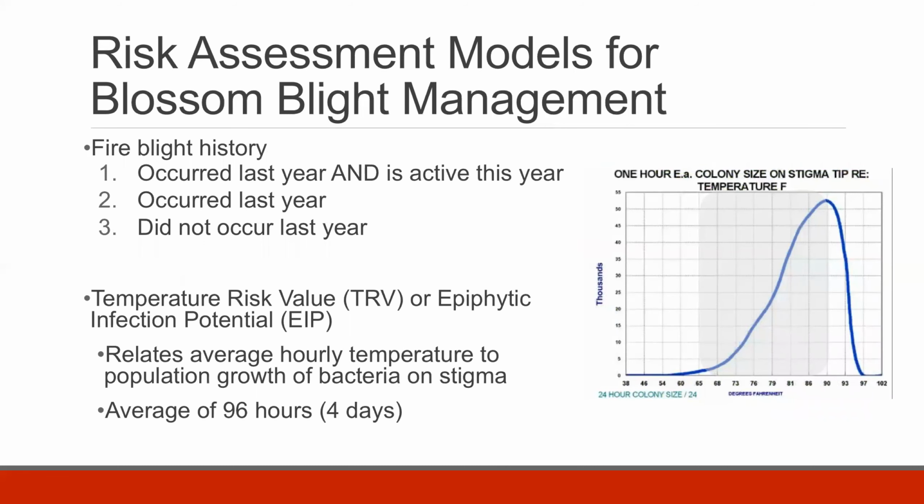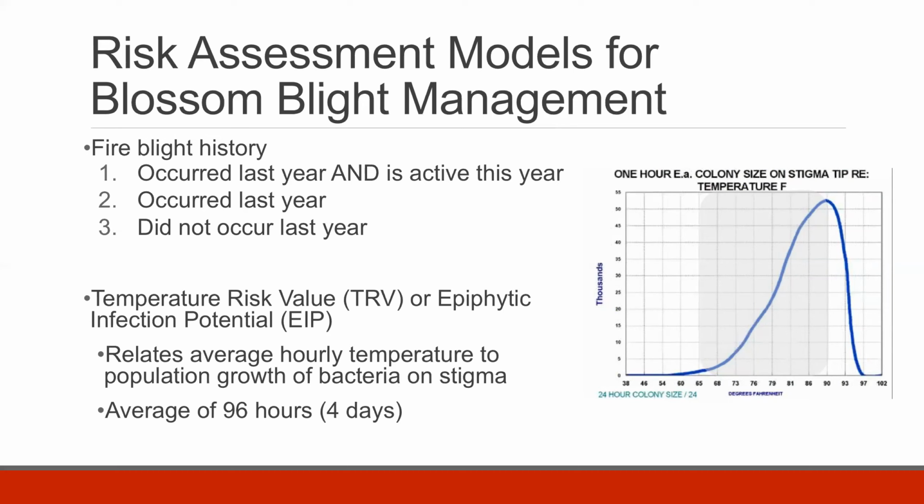So for fire blight history, the models give a score of 1, 2, or 3, depending on the history of fire blight in the orchard. A score of 1 is given if there was fire blight occurring in the orchard in the previous year and it is active this year.